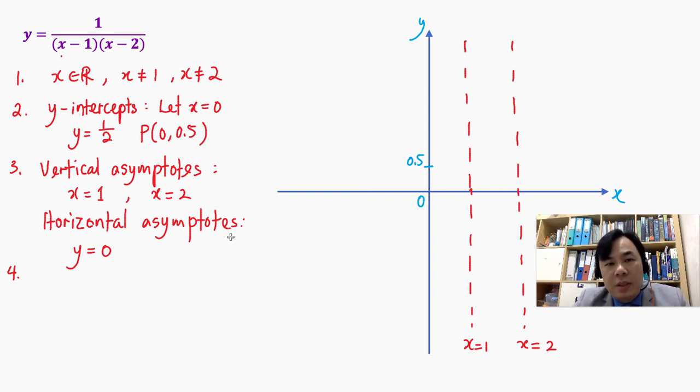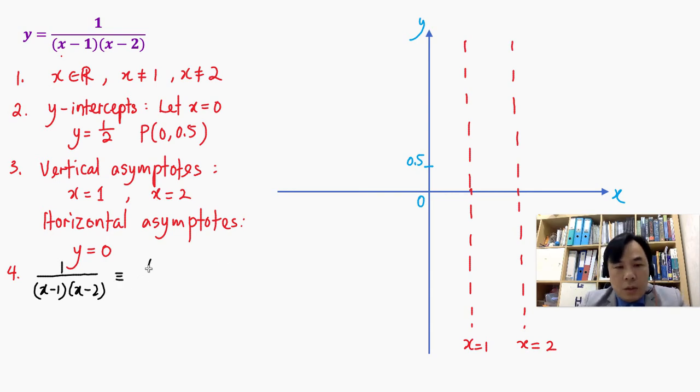Alright, okay, and then lastly, we're going to work out the stationary points here. Right now, to work out the stationary point, of course, you can differentiate it as usual, or you can revisit your partial fraction. So here I'm going to revisit the partial fractions again. We can do it this way. We can write this as a partial fraction.